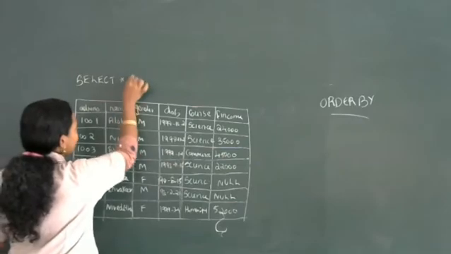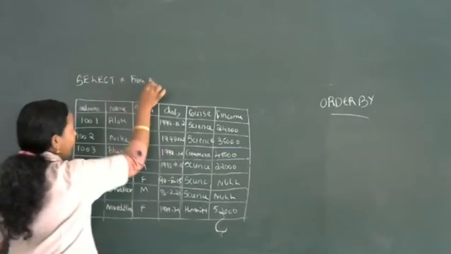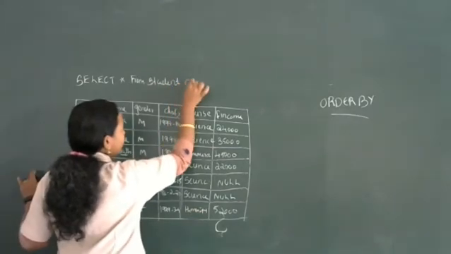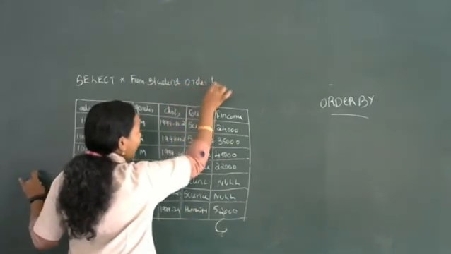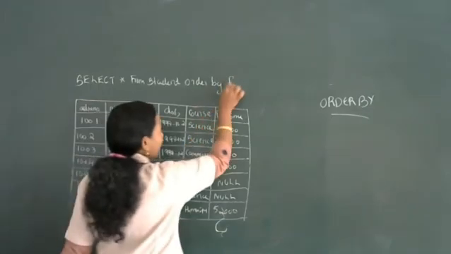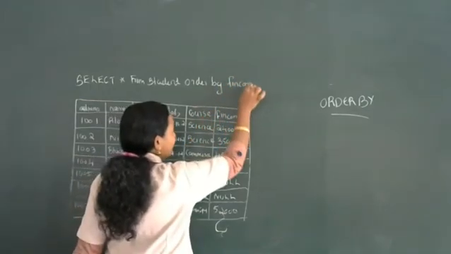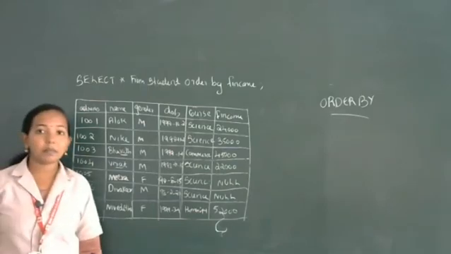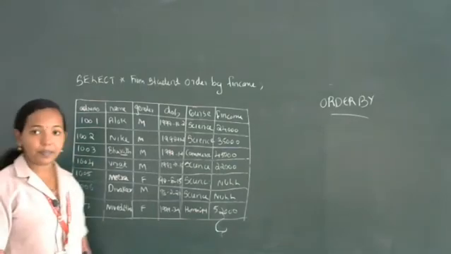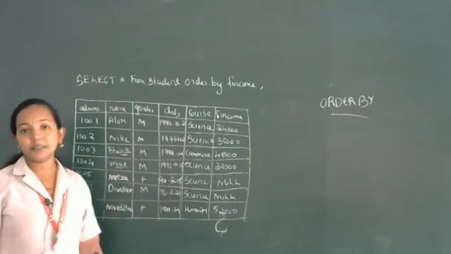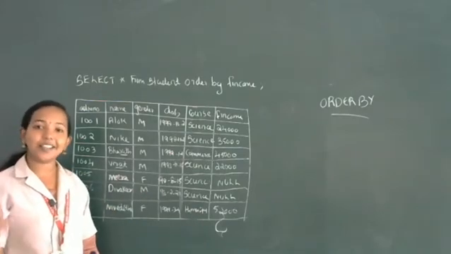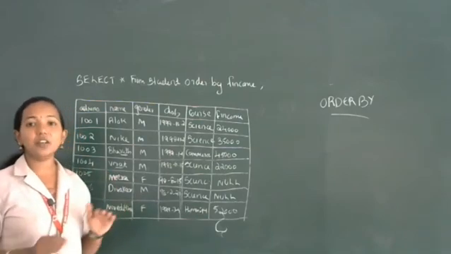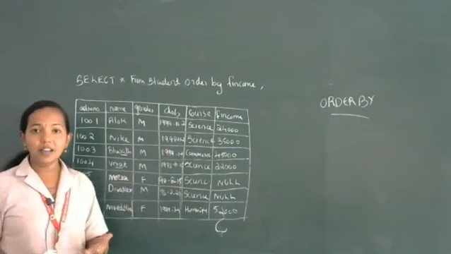SELECT * FROM student ORDER BY F income. What will happen? Ascending order will come. You don't need to mention ascending or descending. If I write ORDER BY F income, the table will be sorted in ascending order.